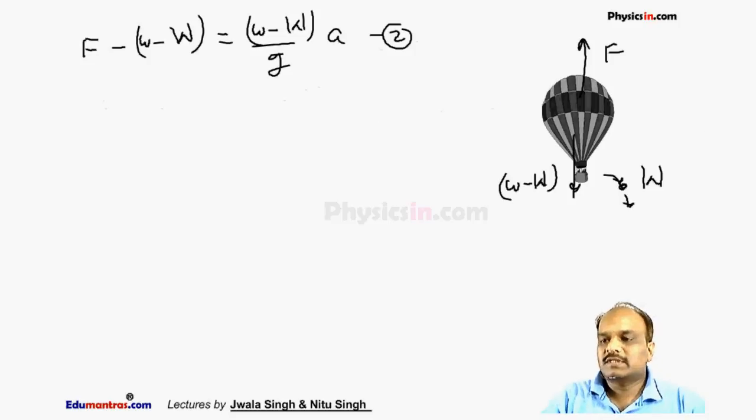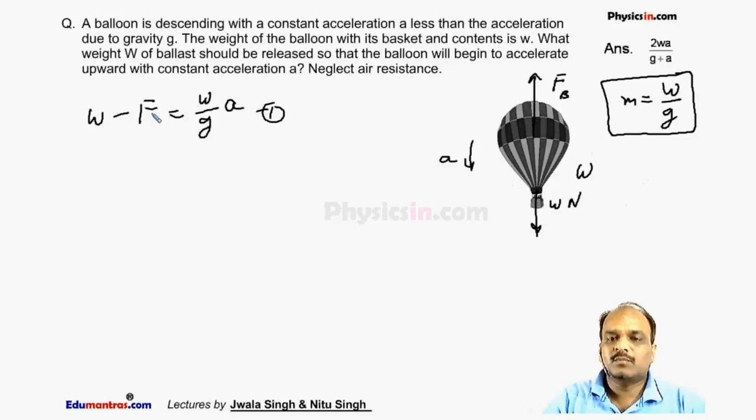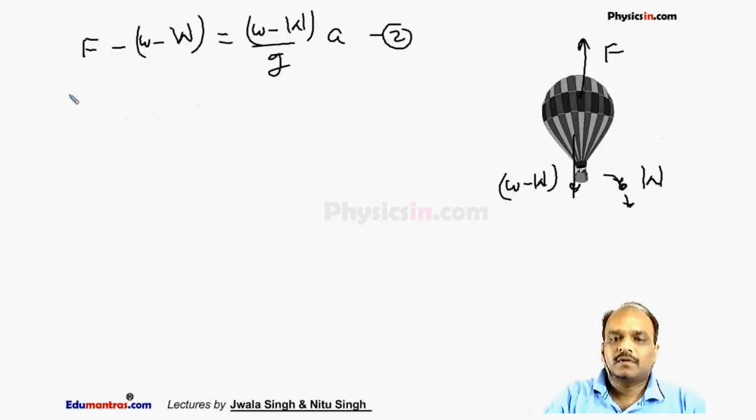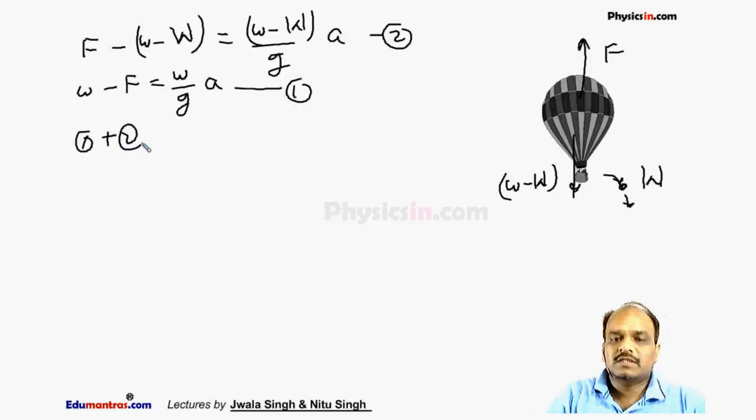Now from our first expression, w minus F is equal to w by g into a. If we add the first and second equations, F will cancel out, and we get W minus w plus capital W is equal to (2w minus capital W) into a by g.